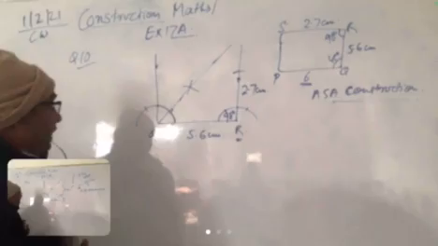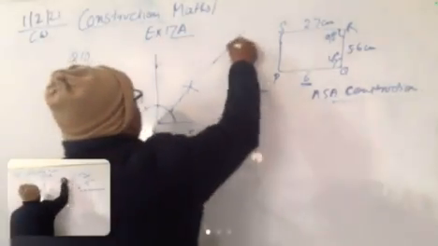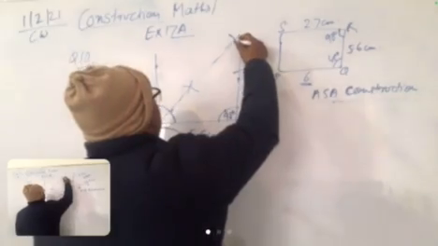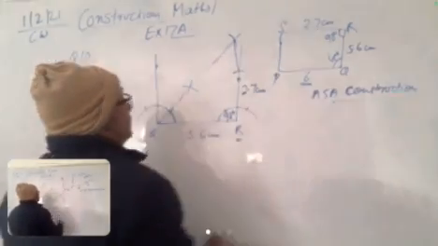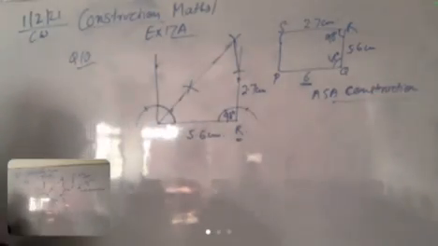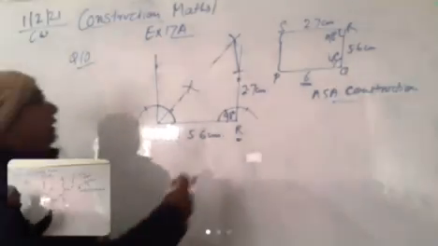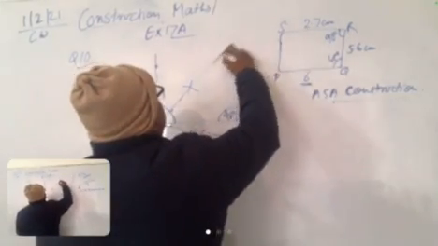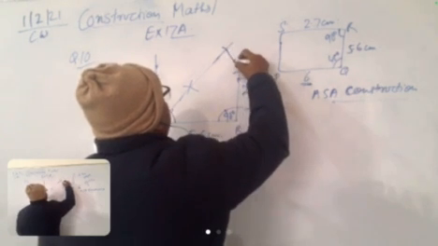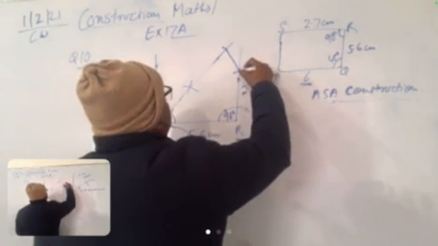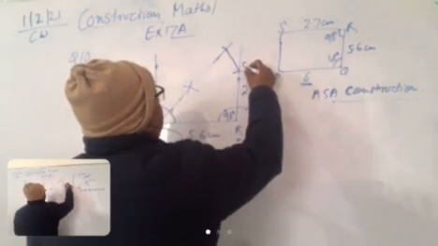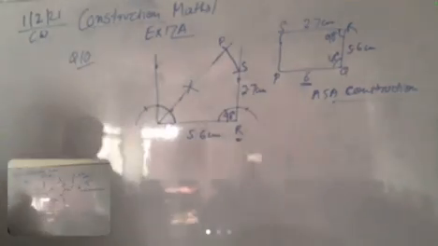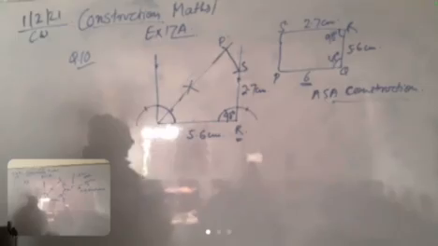Put your compass at Q and mark 6 like this, and then join this. ठीक है, ये थोड़ा सा मेरा थोड़ा अलग जैसा दिख रहा है. This is S and this is P. Clear?